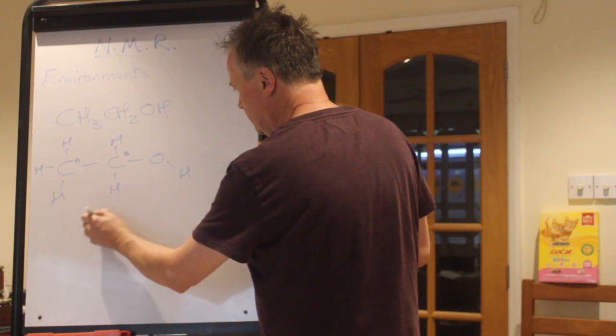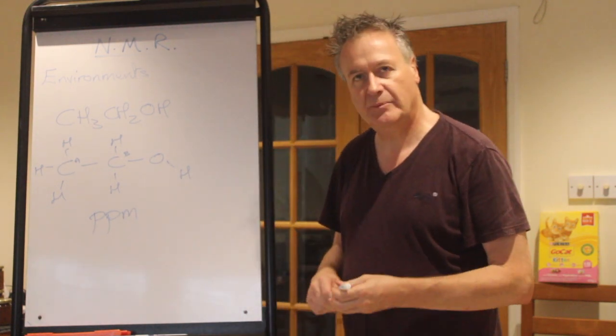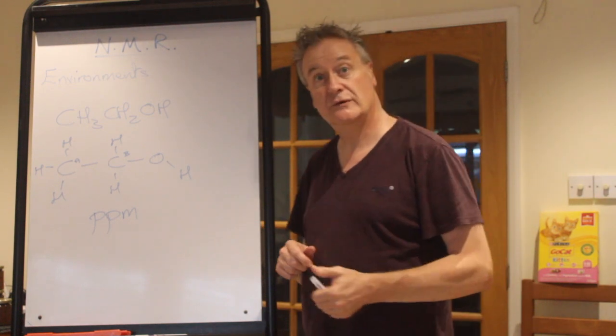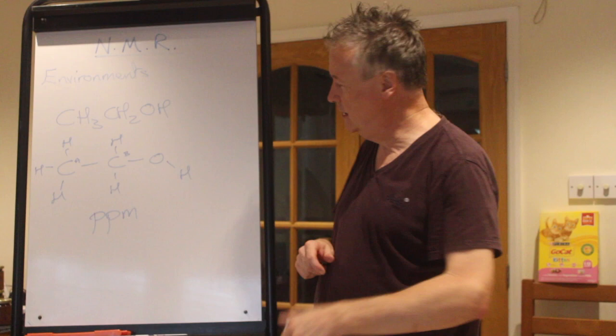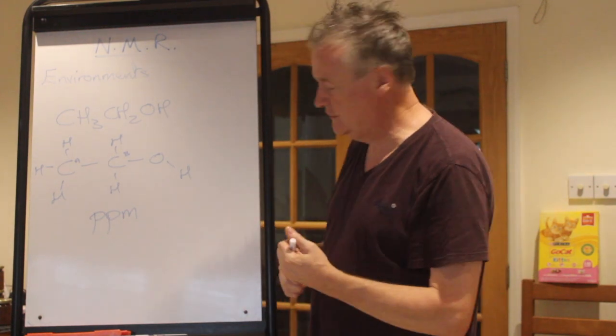So the unit used in NMR spectra is ppm, parts per million, which I feel some people who I teach with dread. I think you know who you are. And you don't have to do the calculations associated with it.